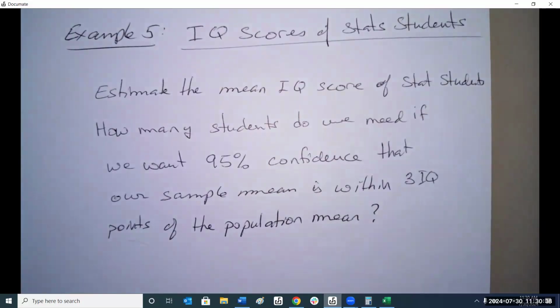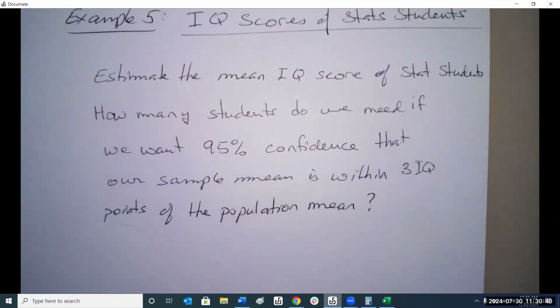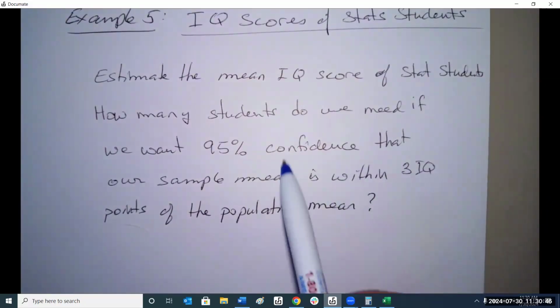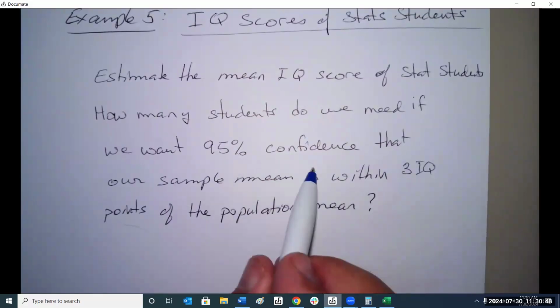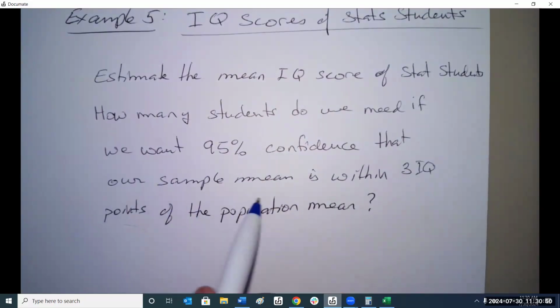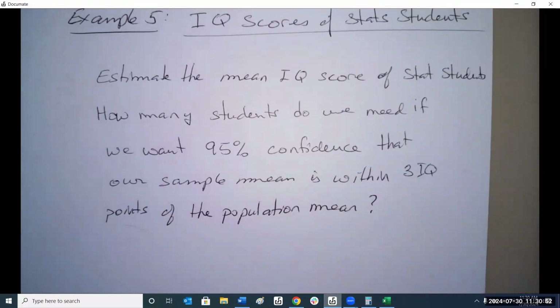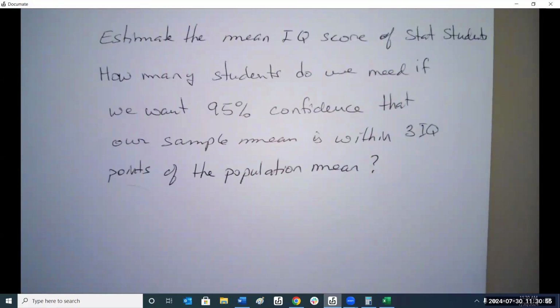Estimate the mean IQ score of the students. That's what we're looking at here. How many students do we need if we want to be 95% confident that our sample mean is within 3 IQ points from the population mean?